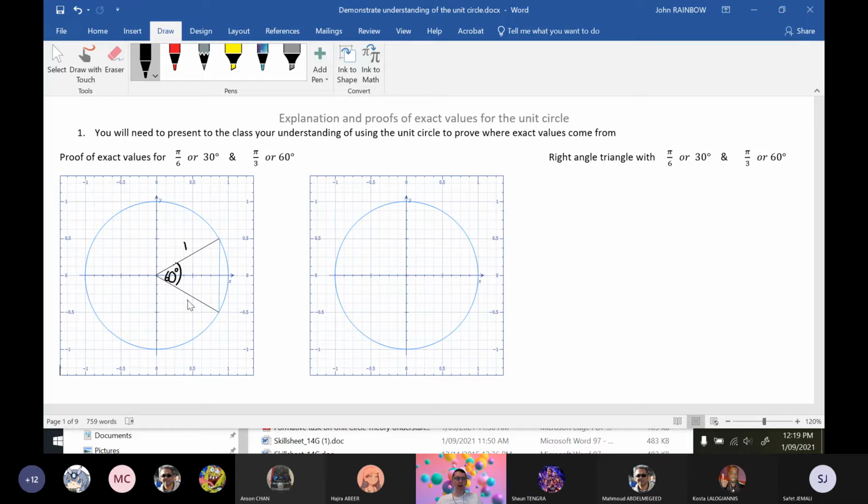This also has a length of 1. And we can also see that this goes from 0.5 to negative 0.5. So this has a length of 1. If these all have a length of 1, we know that this is an equilateral triangle. Therefore, you could also measure these angles. We know that this is 60 degrees in here too. We also know that this is 60 degrees.